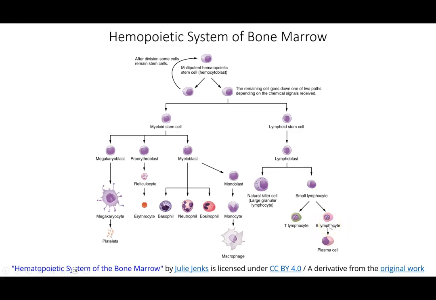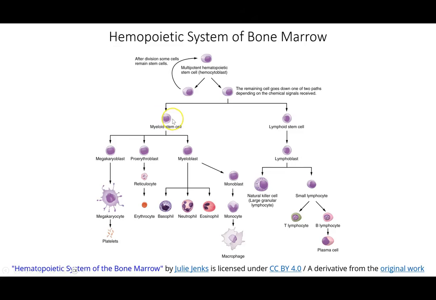B lymphocytes can further differentiate into plasma cells after an infection. These are going to help with some of our antibody production and stuff like that. And so those are all really, really important. But these start out developing in the bone marrow and then migrate to the lymph nodes, spleen, and thymus, where they finish out these later processes of differentiation.